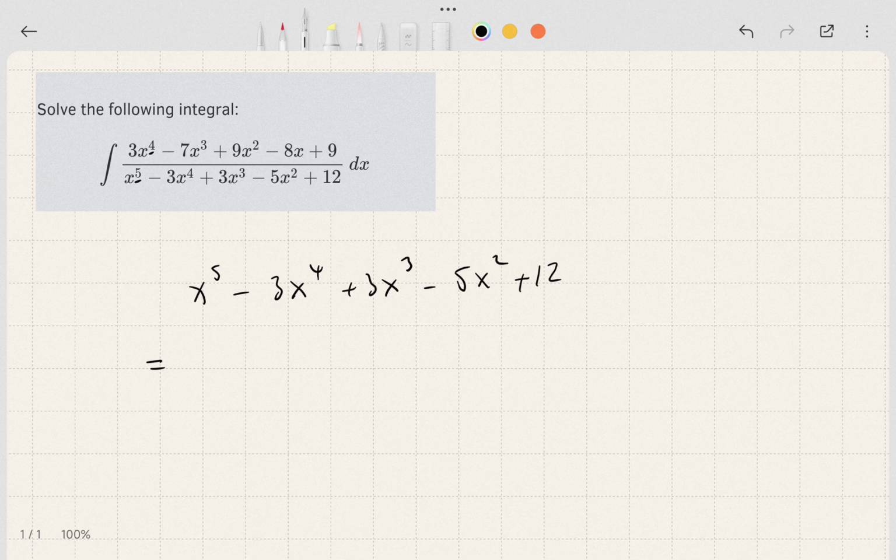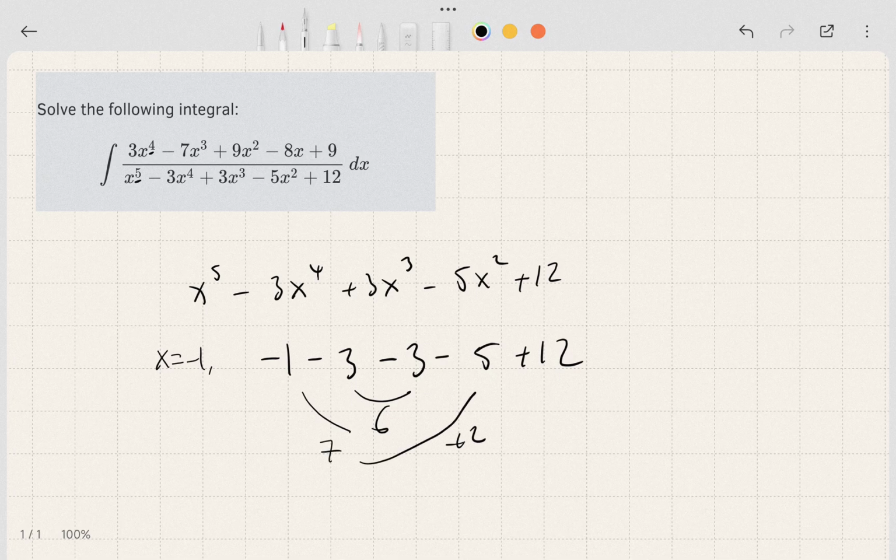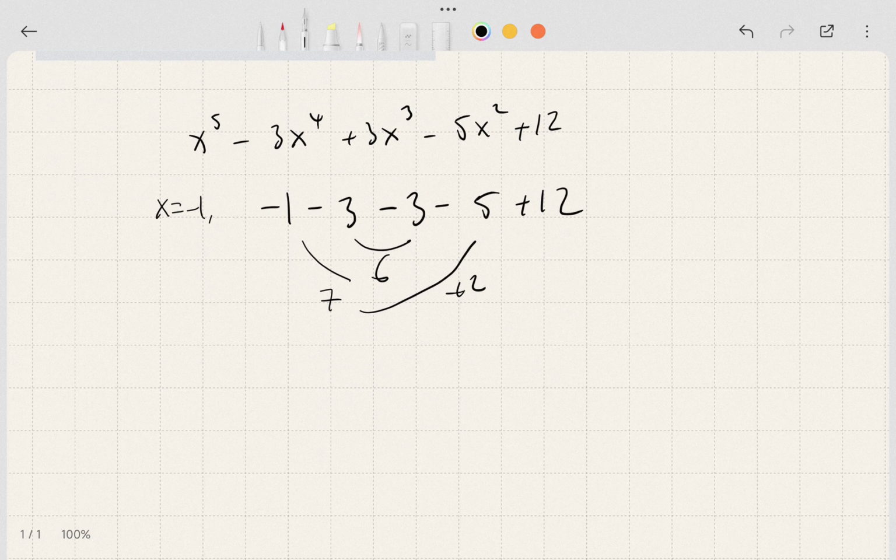Minus 1, what about minus 1? Well, x equals minus 1. This would be minus 1 minus 3 minus 3 minus 5 plus 12. This is minus 6, minus 7, and minus 12, plus 12. So x plus 1, that is x equals minus 1, is a factor.